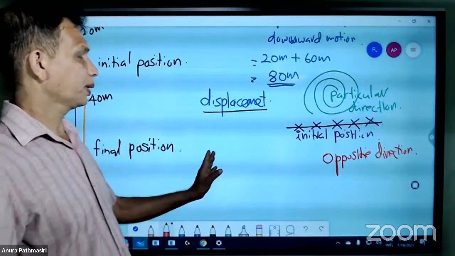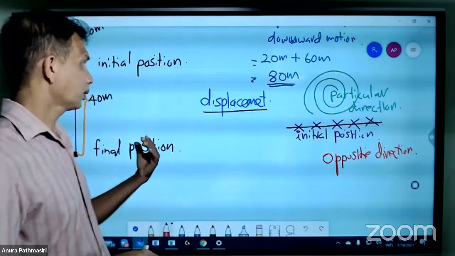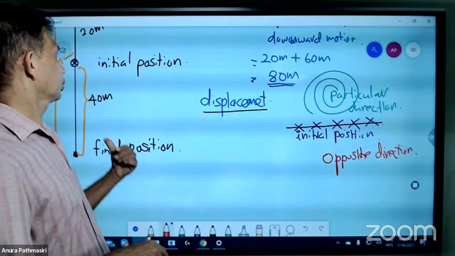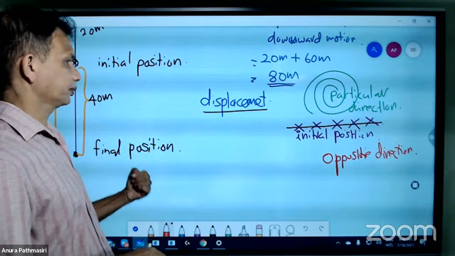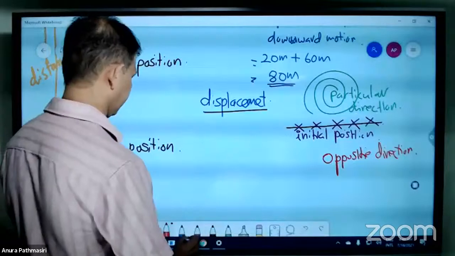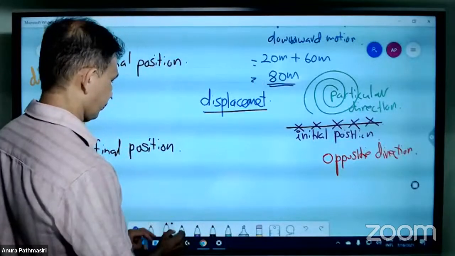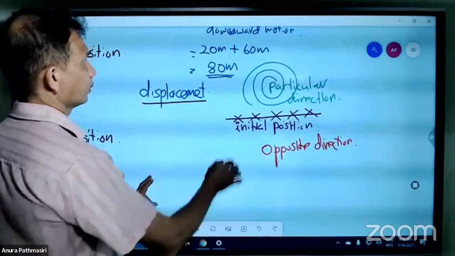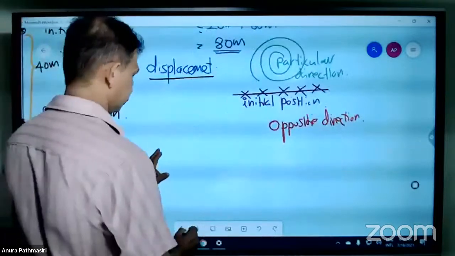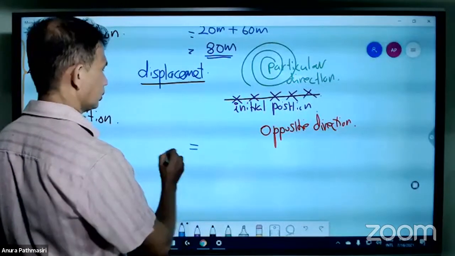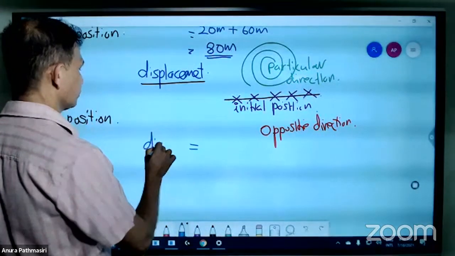Why? The displacement is the initial position and then the final position. What is your answer for the displacement? You can write displacement.